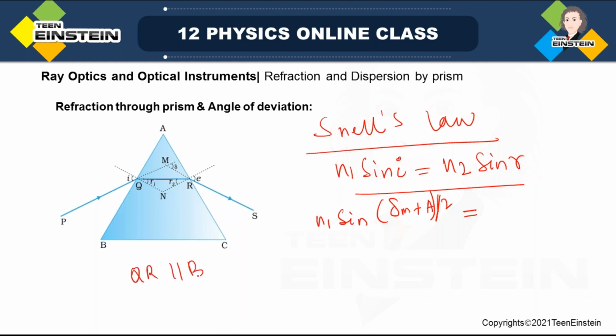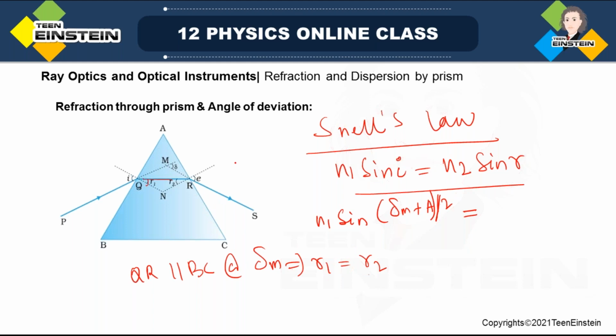QR is parallel to the base at delta m. That means this angle R1 and R2 are equal, so R1 is equal to R2.